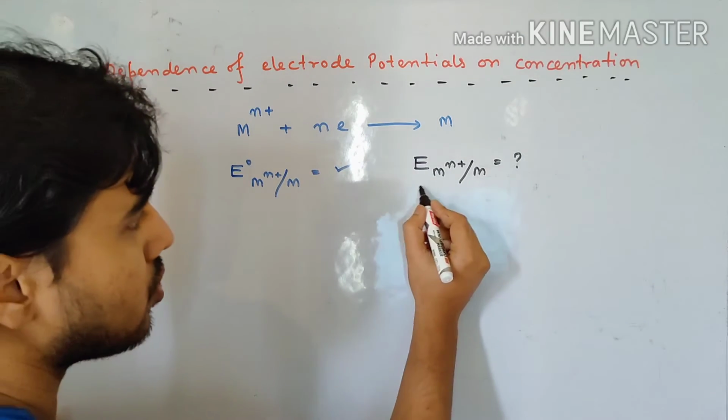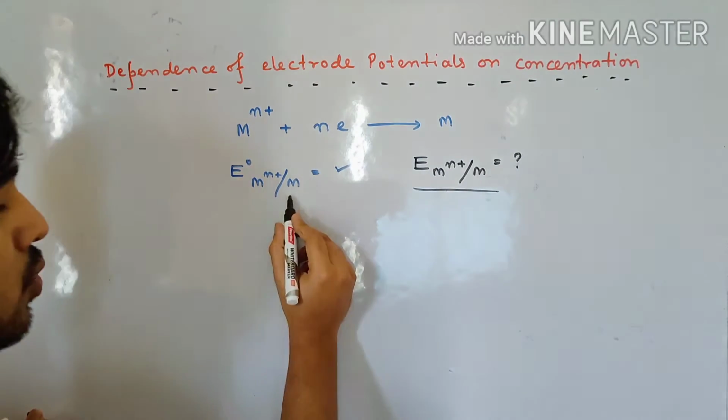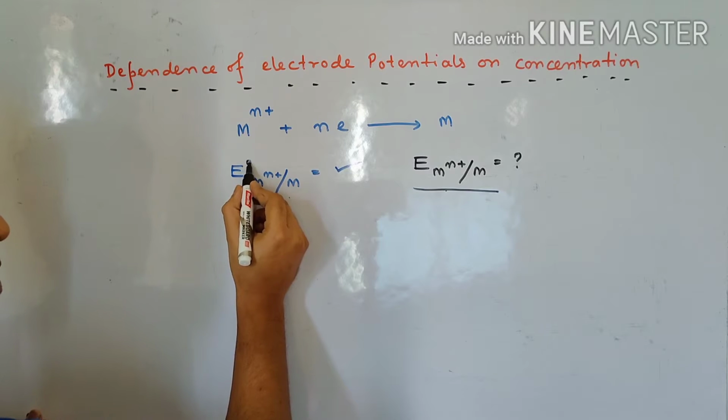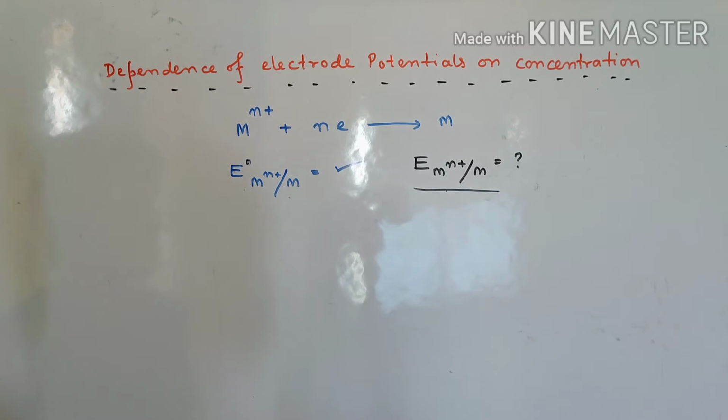I hope you have understood, there is a difference between the two: it is in standard state, or in non-standard state, the given state. Now Nernst has proposed an equation regarding that. I am just writing it down.